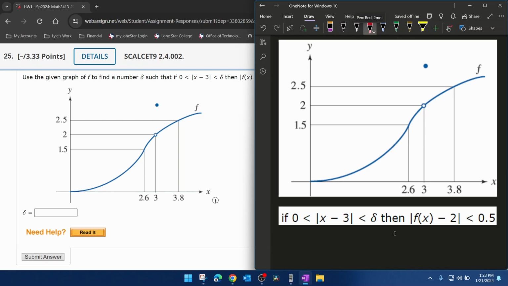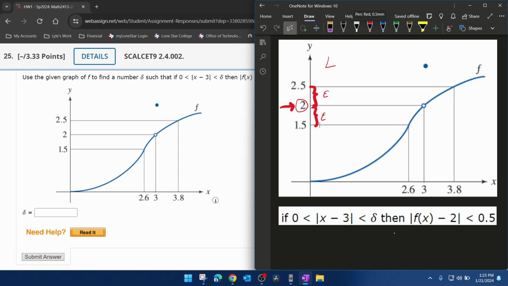So what you need to know is that the distance that you are away from your target value, this number here, is L. That is what we're approaching. That's what the limit is. And the distance that you are away on either side of L is epsilon.